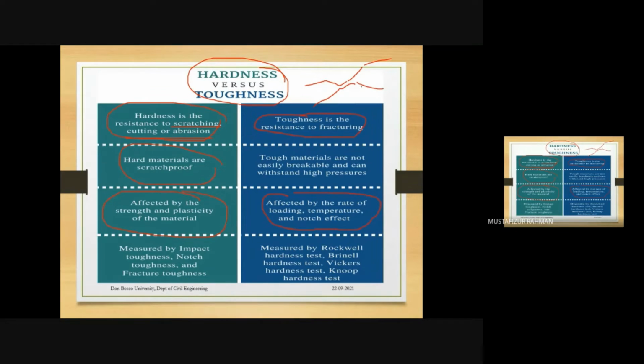So it is related to failure. And these are the tests through which these are measured. You will find it in transportation lab. I don't remember if it is this time or in the next semester. In transportation lab, we have this kind of test. If it is possible to do offline, you will perform this test.